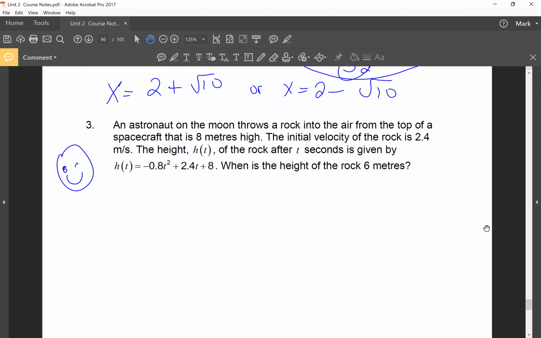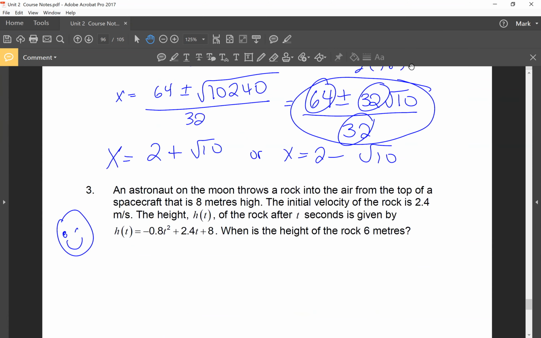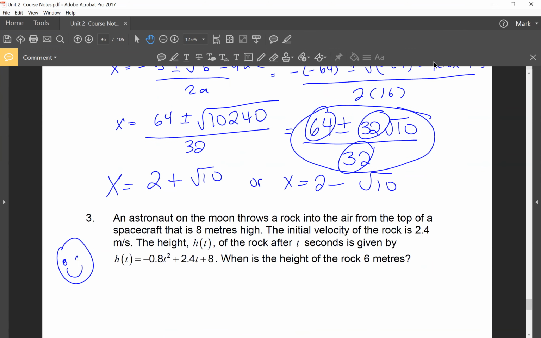What I would like you guys to do, wink, wink, is try number 3. You might see number 3 on the test. Yes, there's a question. So the answer will be 2 minus root of 10, because the height will decrease.